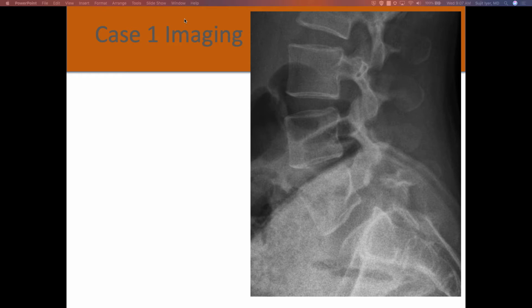These findings are compatible with spondylolysis, spondylo meaning spine, lysis meaning defect. So we have a defect in the posterior elements. And then we have a little bit of a spondylolisthesis, spondylo meaning spine, and listhesis meaning slippage. So this is what it looks like on the plain films.